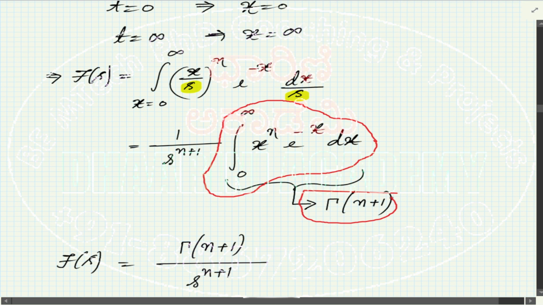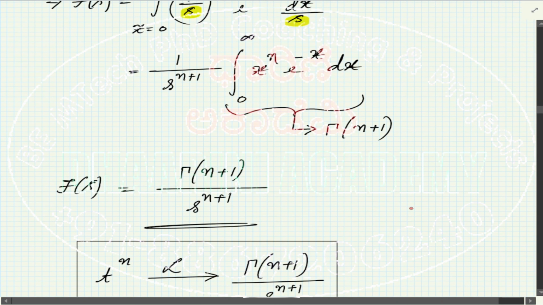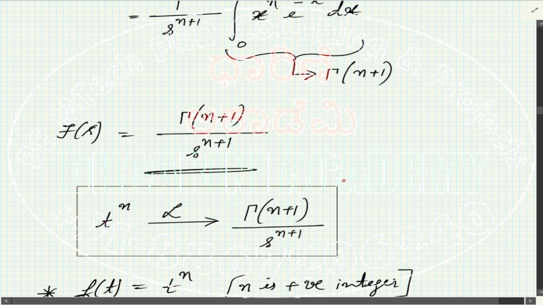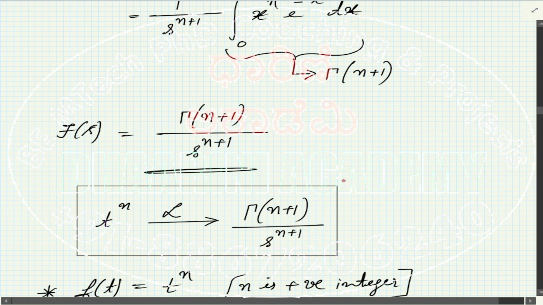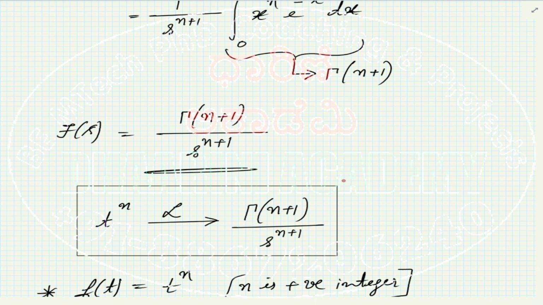So I can call this function gamma of n plus 1. So directly I'll replace it by gamma of n plus 1 by s to the power n plus 1. So t to the n, this is the ultimate result. t to the n has a Laplace transform gamma of n plus 1 by s to the power n plus 1.